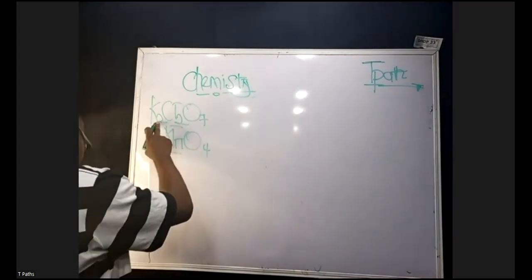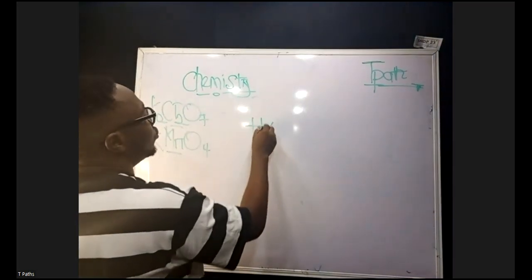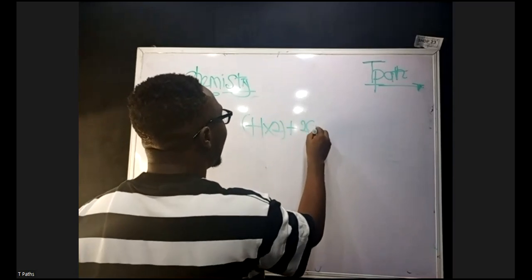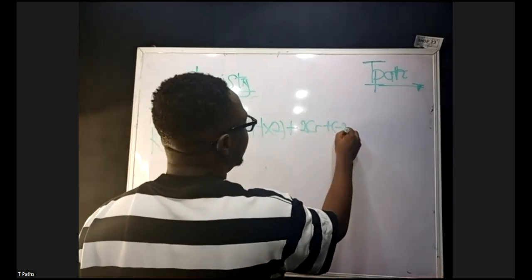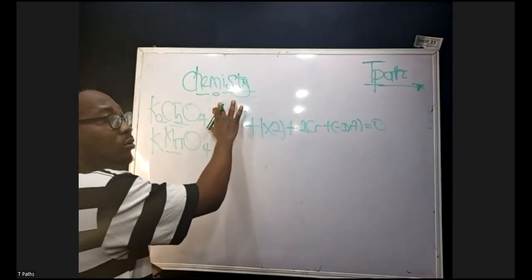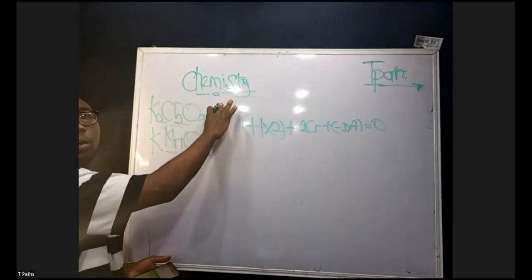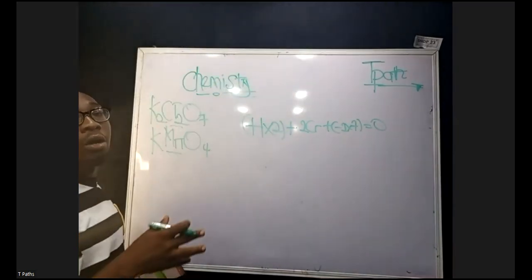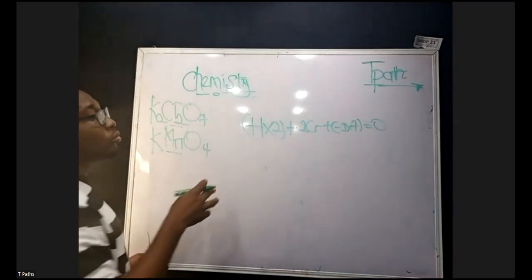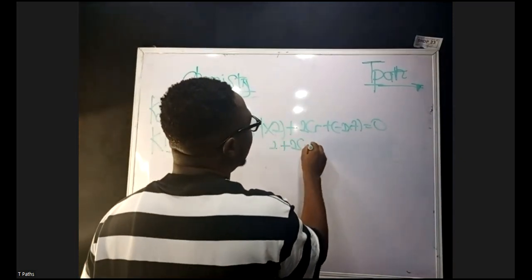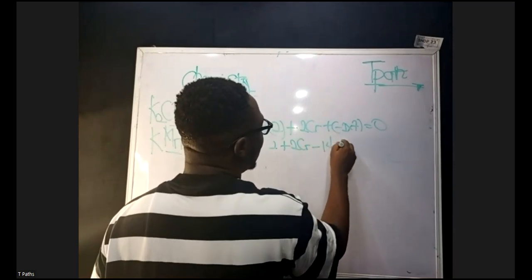So potassium is +1 times 2, plus 2Cr, plus -2 times 7 equals 0. The sum will give us 0. Initially, we had NO3 minus, which summed to give us -1 because the charge there is minus. So this will turn to 2 plus 2Cr minus 14 is equal to 0.